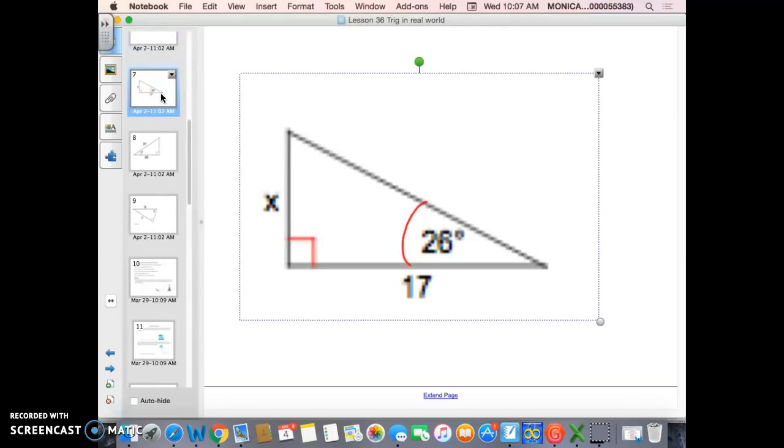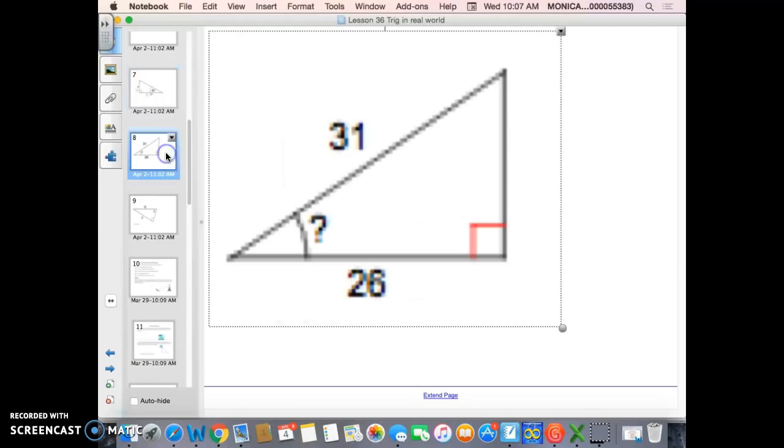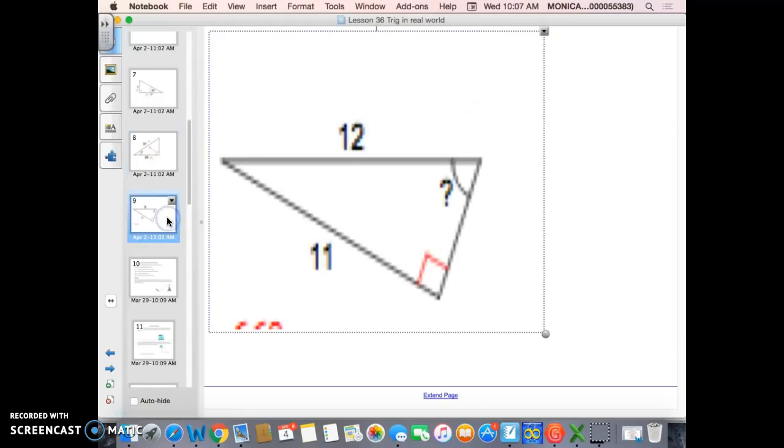Opposite and adjacent, so tangent. Thinking on this one, we should be looking, and this is adjacent, and this is the hypotenuse, so this is cosine. And then lastly, this is the hypotenuse. This looks wonky. And this is opposite, so this would be sine.